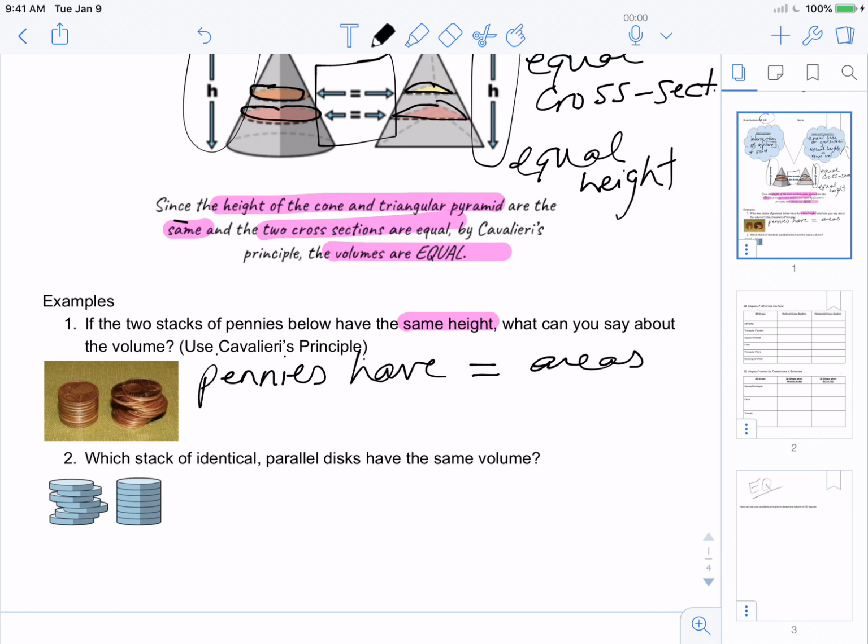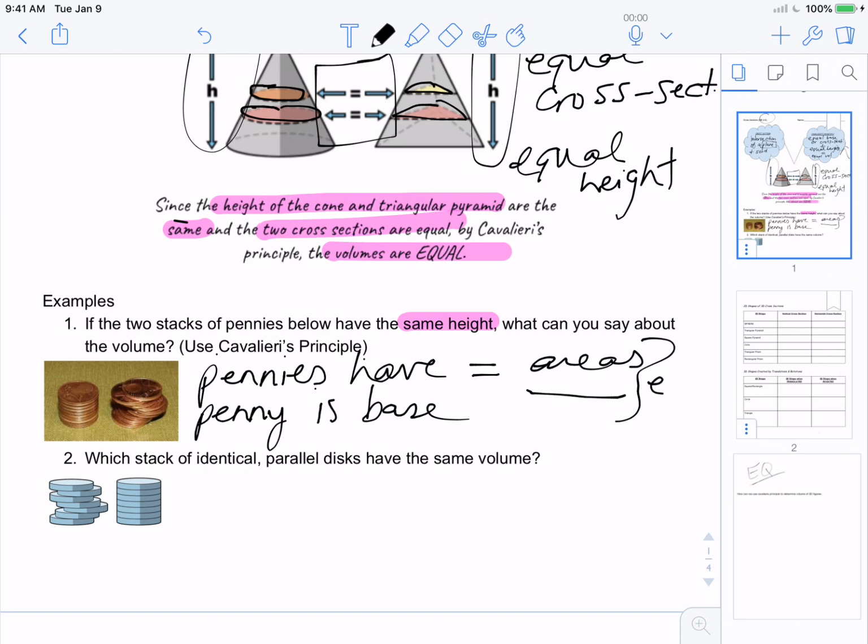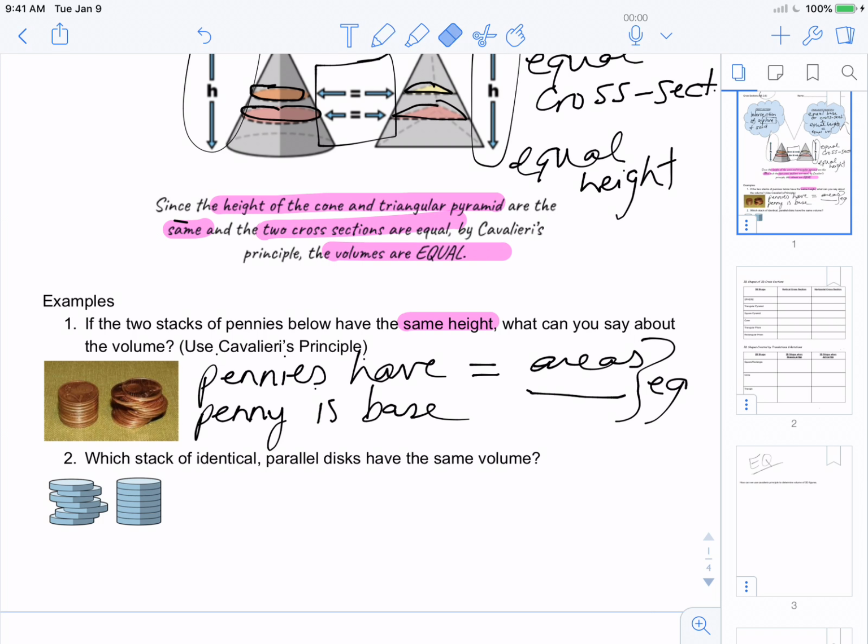Any penny you get, it's going to be equal. So they have equal areas, and since a penny is the base, we have equal base. So then by Cavalieri's principle, equal volume.